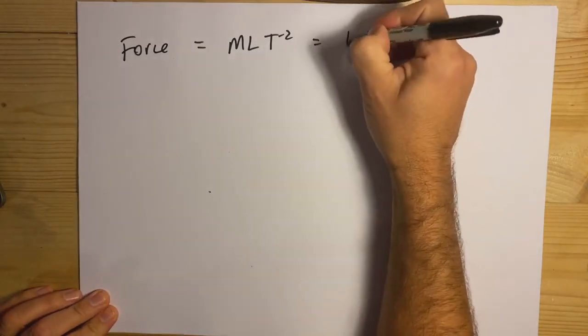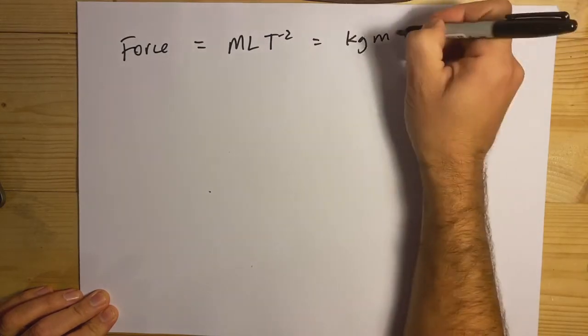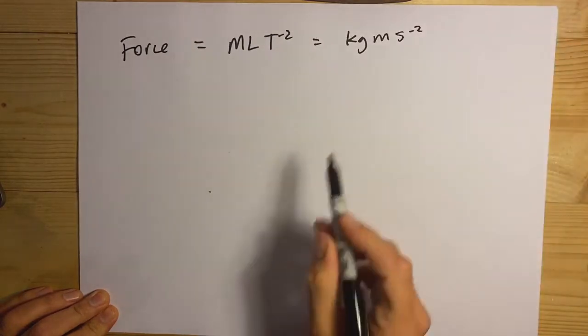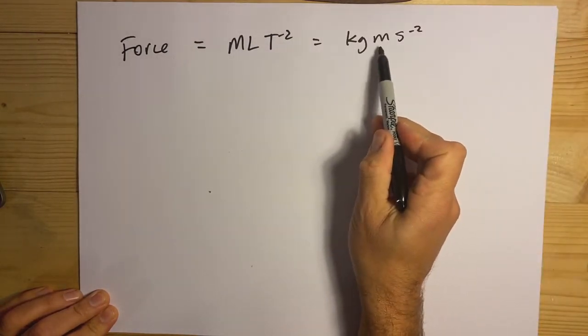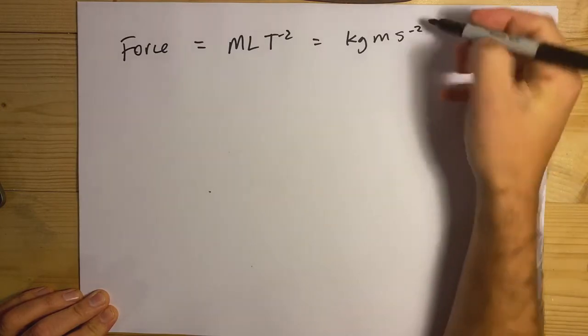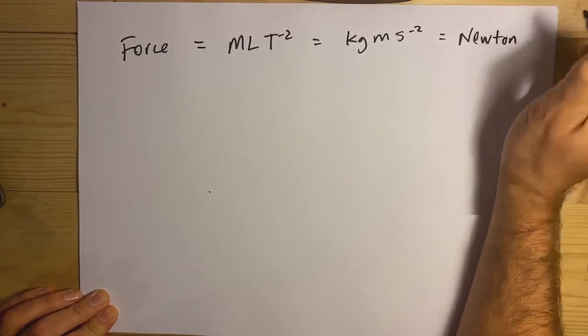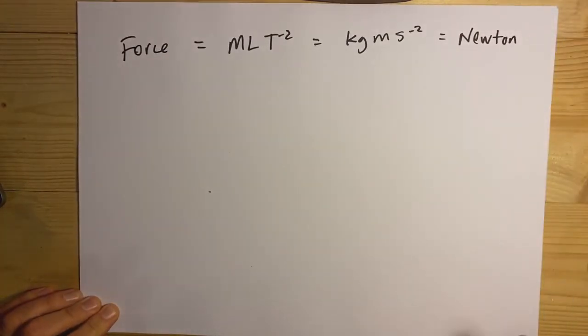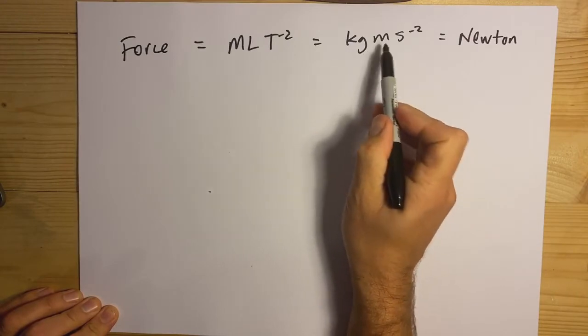So mass is in kilograms, length is in meters, and time is in seconds. So the units of force are actually kilograms meters per second squared. And actually, we call that a newton. So you hear something about a force being 10 newtons, so that's actually force of 10 kilograms meters per second squared.